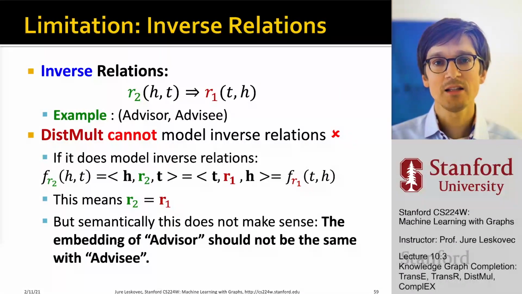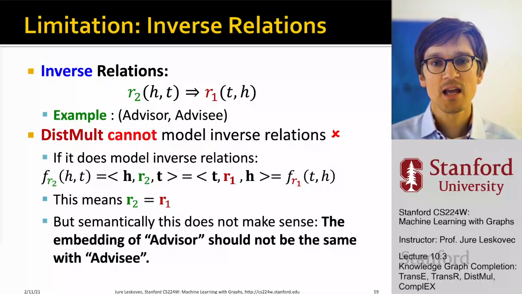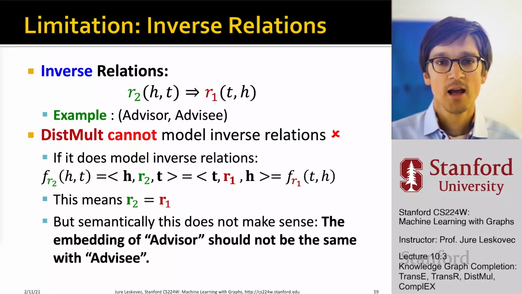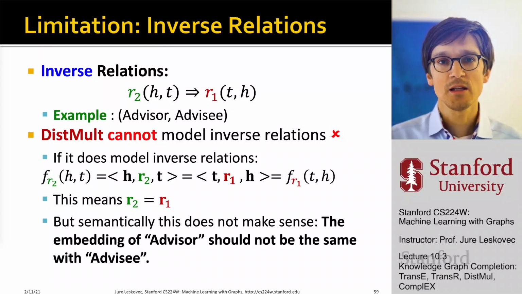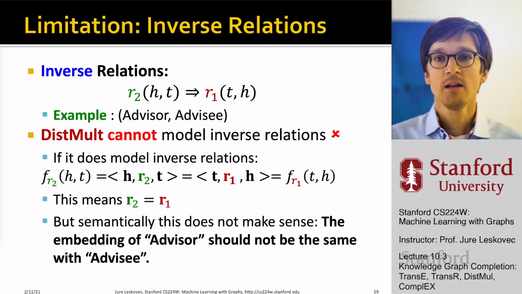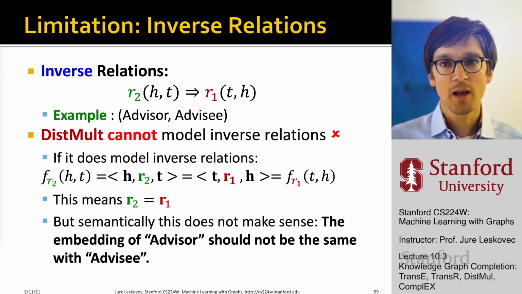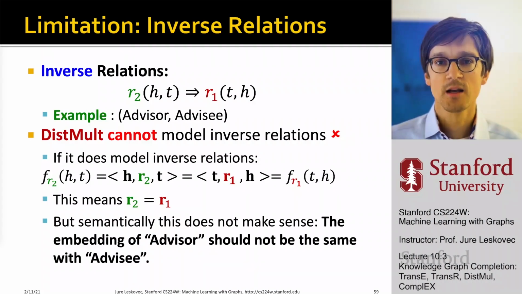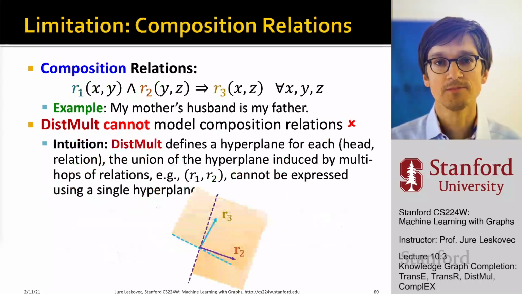But semantically this does not make sense, because then the embedding of the relation advisor is the same as the embedding of the relation advisee. So if I'm your advisor, you are my advisee, but at the same time, if I ask, are you my advisor as well? The answer would be yes. And am I your advisee? The answer would be yes as well. So it would be like two symmetric relations rather than an inverse relation. So this is where DistMult fails.